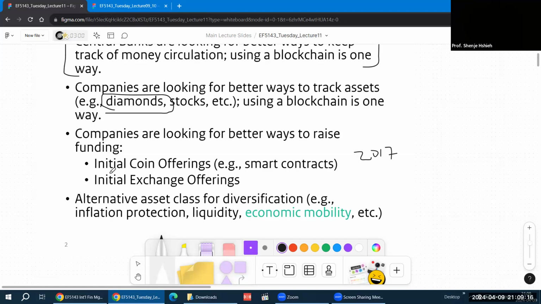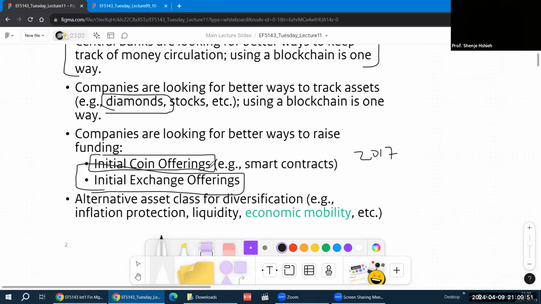But it turns out all this ICO craze was just full of scams. As far as I know, I don't even know a successful ICO scenario. Maybe you can tell me if there was a successful one. Initial exchange offerings is the same idea. You're just raising capital for private companies, but rather than issuing stock, they give out coins, you somehow acquire these coins, and when the coins get listed, you have the ability to liquidate your holdings.